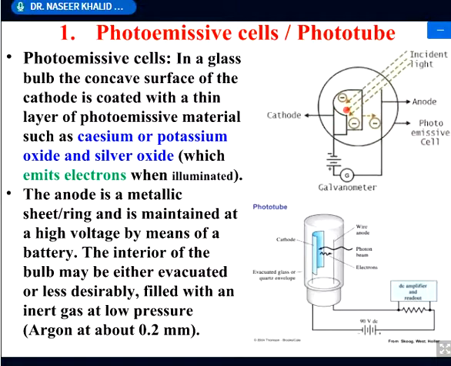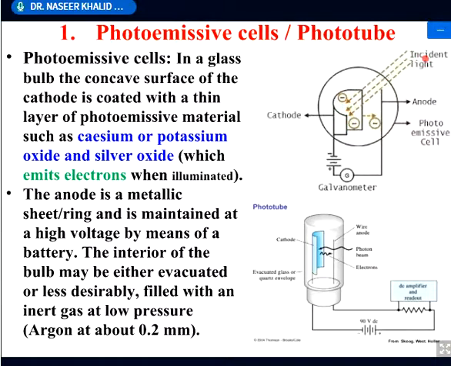So this cathode has a very thin layer of photoemissive material, and those photoemissive materials are cesium oxide and silver oxide. If cesium is not available, potassium oxide and silver oxide.